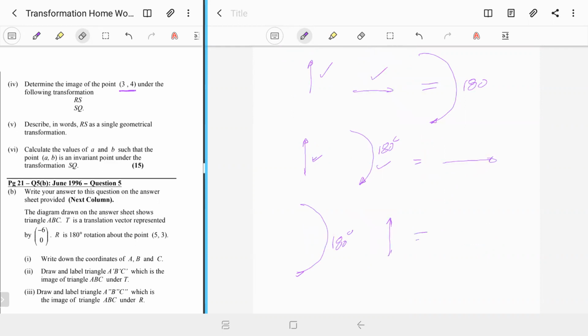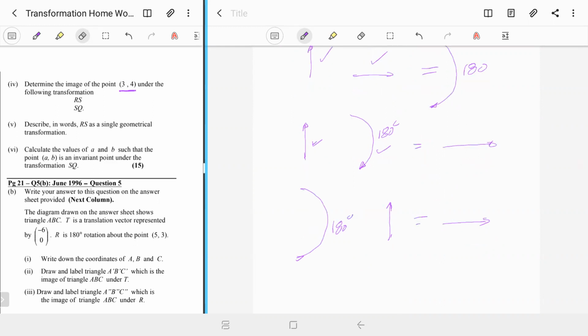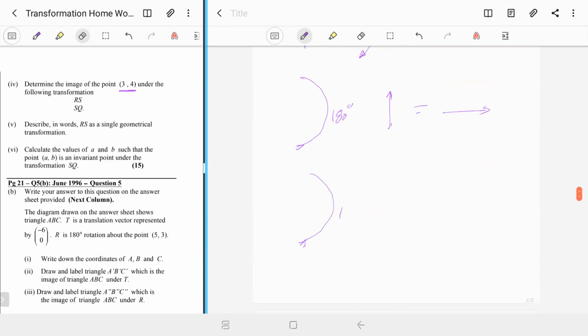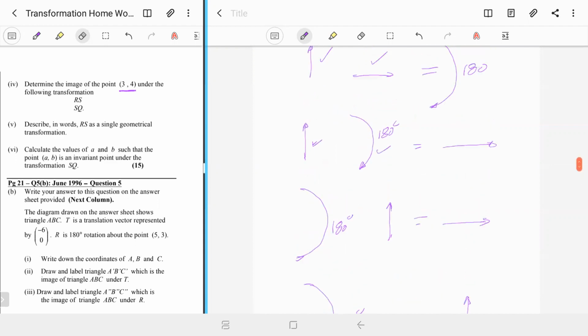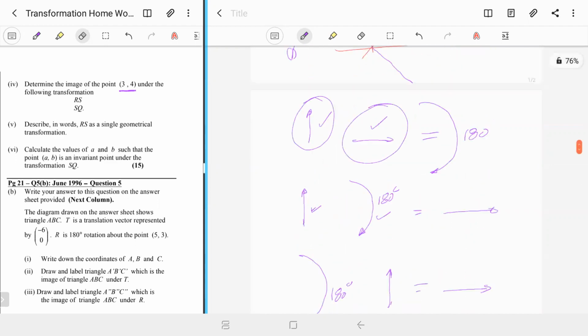A 180-degree rotation followed by a reflection in a horizontal line is going to be equal to a reflection in a vertical line. Two reflections will always combine to give one rotation, and the three transformations can go in any order.